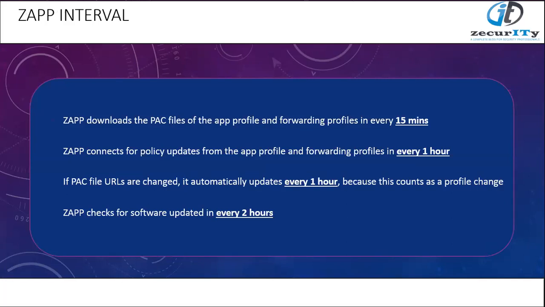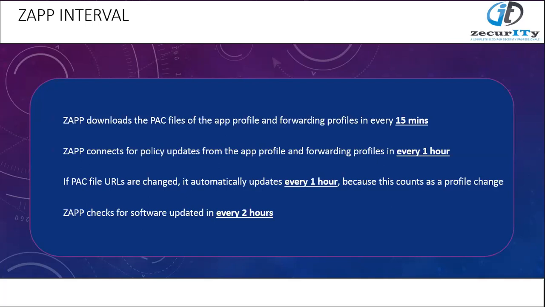So there are time intervals at which it will connect to Zscaler for administrative purposes. Zscaler app downloads the PAC file of the app profile and forwarding profile every 15 minutes. Zscaler app connects for policy updates for app profile and forwarding profile every 1 hour.